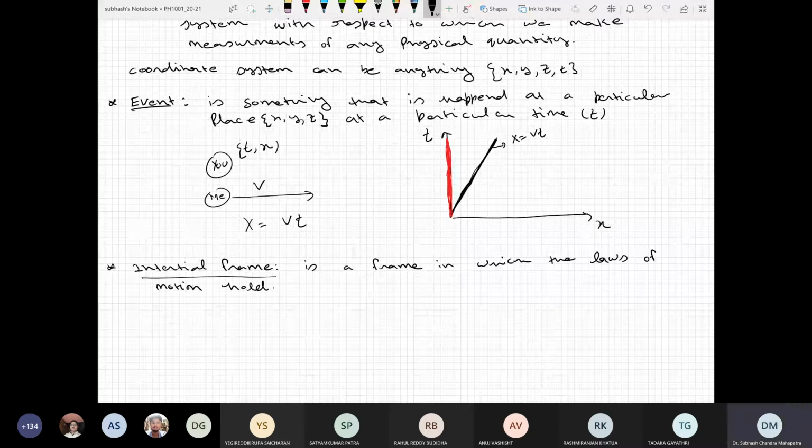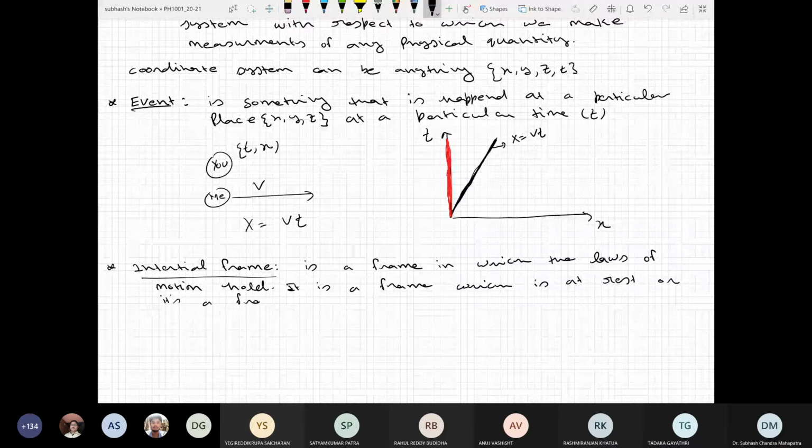It is a frame which is at rest, or it's a frame which moves with a constant velocity.